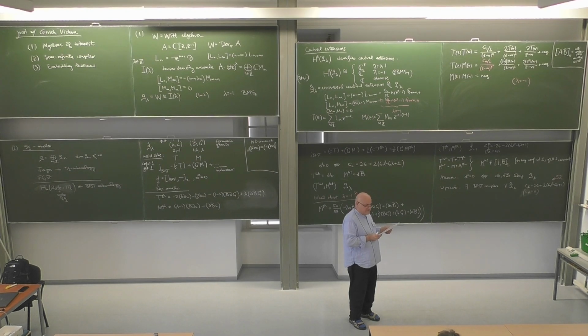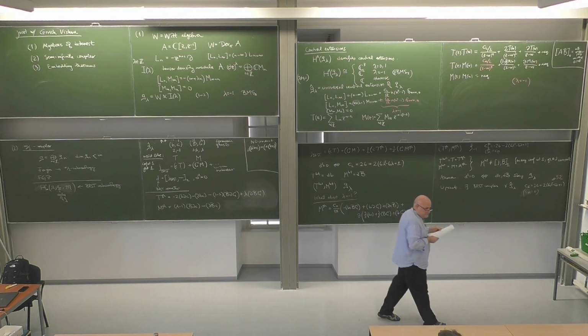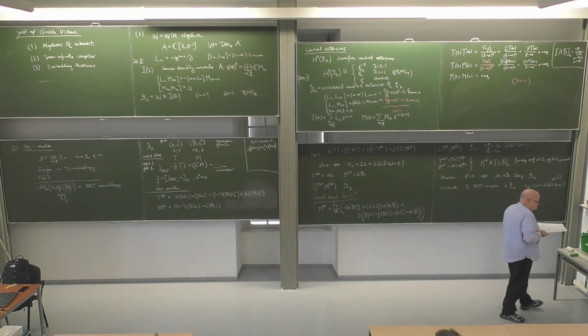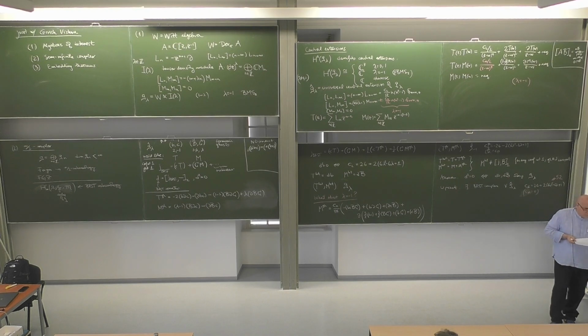Okay, null states where? In a Verma module, for example, or where? I'm not sure I understand that. What do you mean by null states? You mean in the BRST coboundaries?